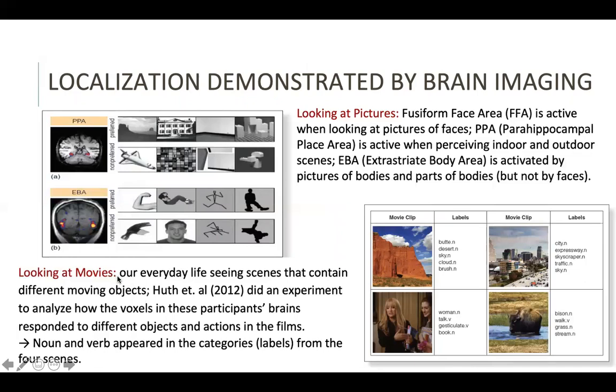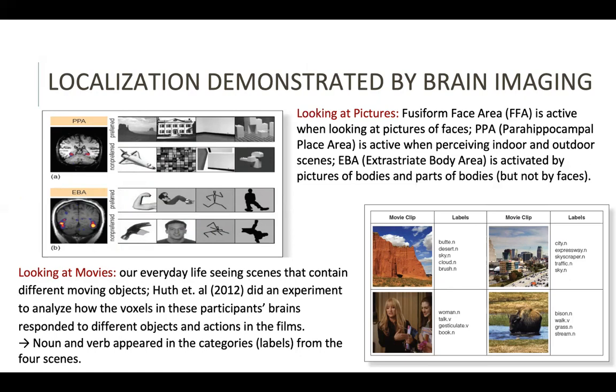And then another example is research by Huth. The participants were asked to look at a movie, seeing scenes that contain different moving objects. Then Huth analyzed how the voxels in the participants' brains respond to different objects and actions in the films.